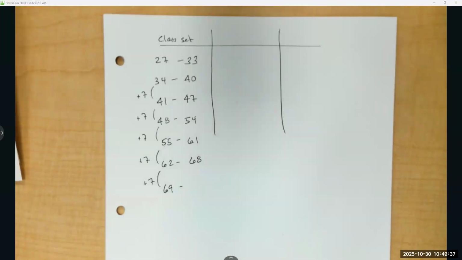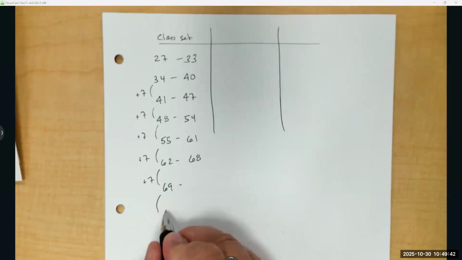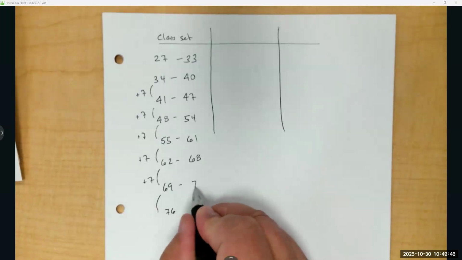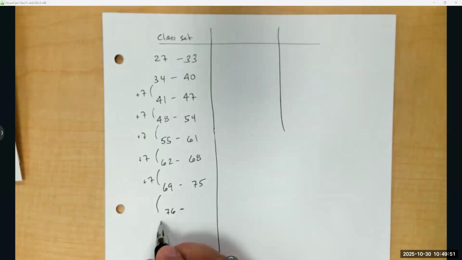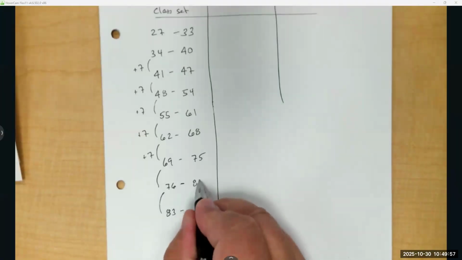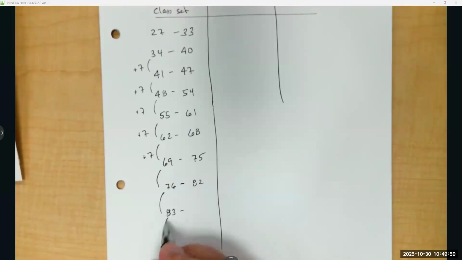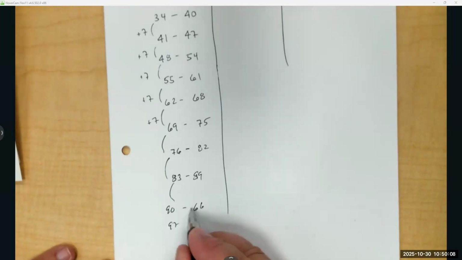That's 68. 69 plus 7 is 76. 76 plus 7 is 83. 90, which is 89. And this is 96.